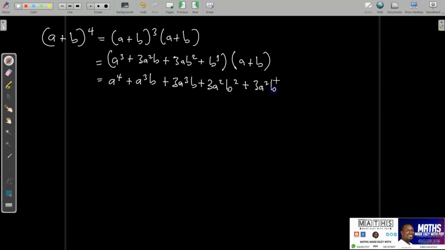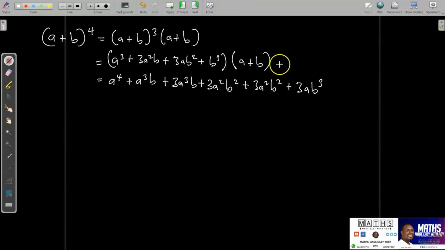Good. Then 3ab squared multiplies b. What do we have? 3ab cubed. So we have plus 3ab cubed. Good. I'm so happy you guys are really following.